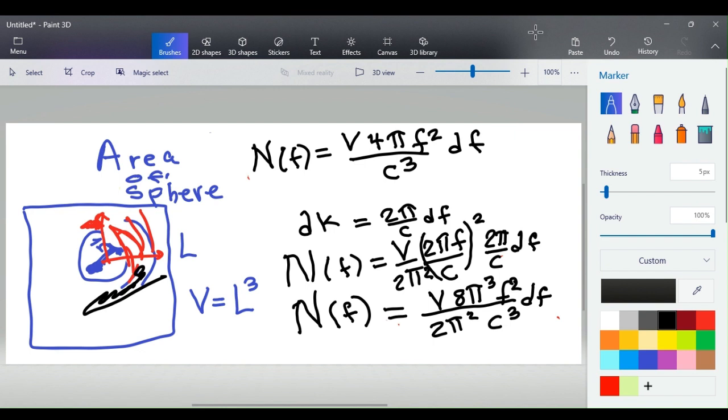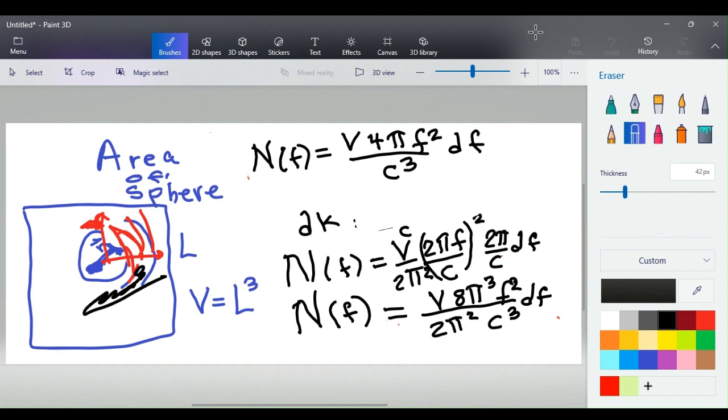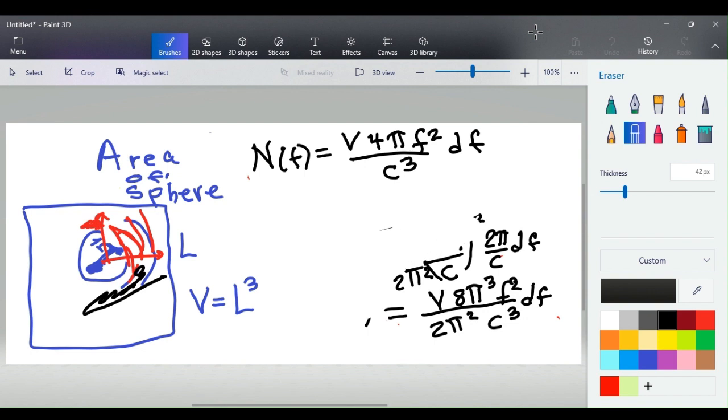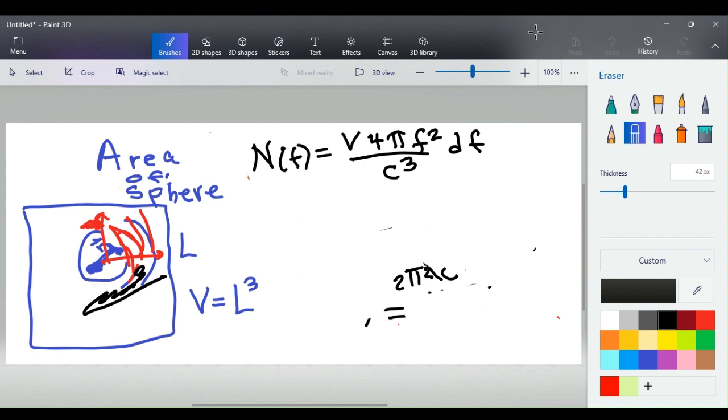Now, I think I can erase all this stuff if I know how to do my pad here. So this is where we can start next time.